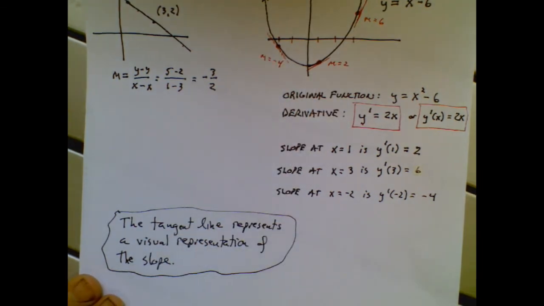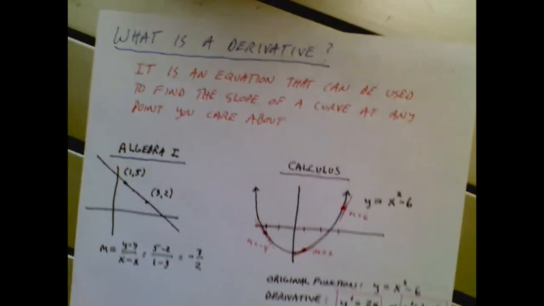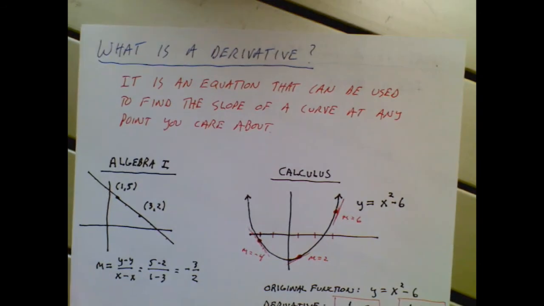All right, so that's a brief introduction to what a derivative is. It gets much more complicated, but no matter how complicated it gets, we're always going to boil down to this one statement. The derivative is an equation that'll give you the slope of that curve at any point you care about. Off to better stuff in the future videos.